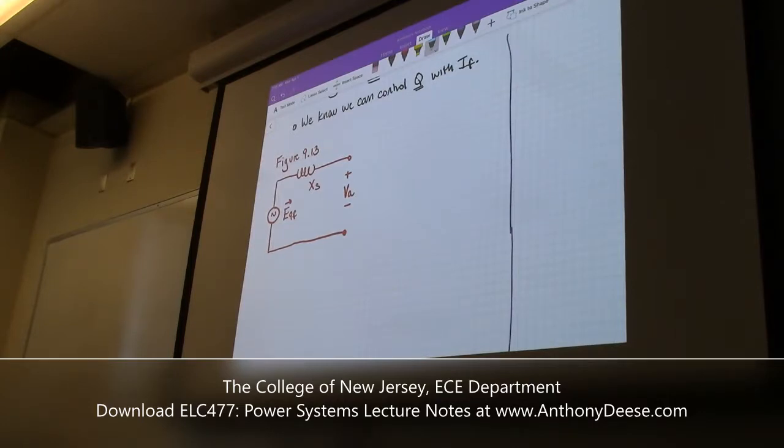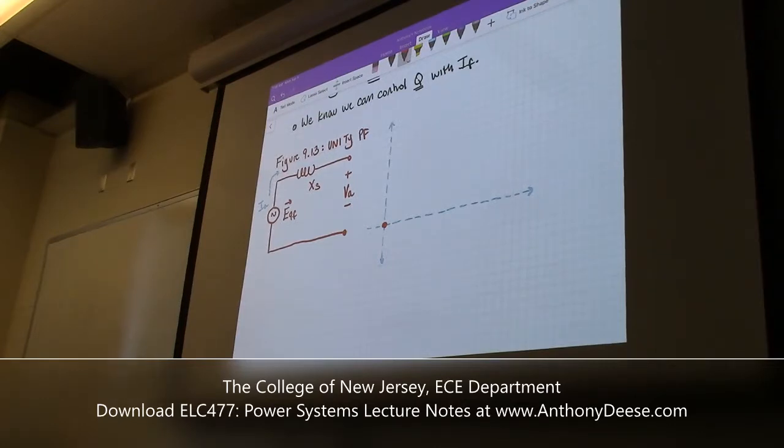So what I'm going to do is, we start off at the origin, and all I'm going to do is draw these EAF, IA, VA, etc. And so for figure 9.13, we're going to assume that we have a unity power factor.